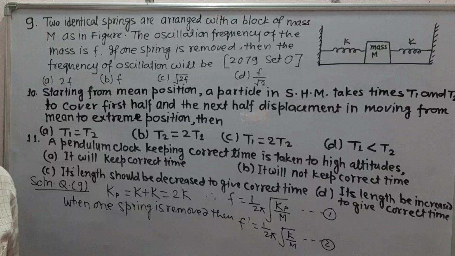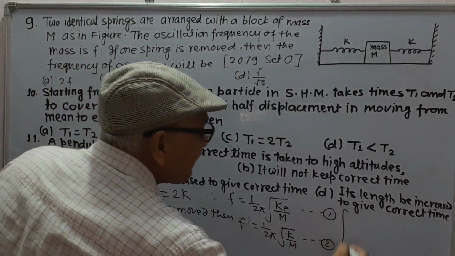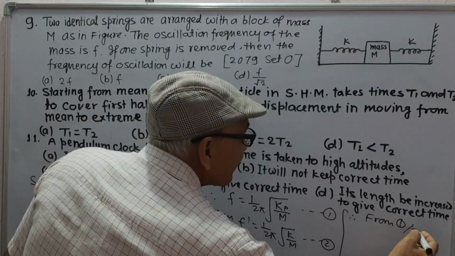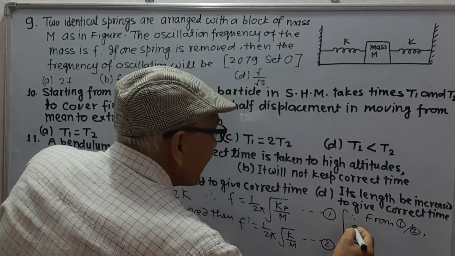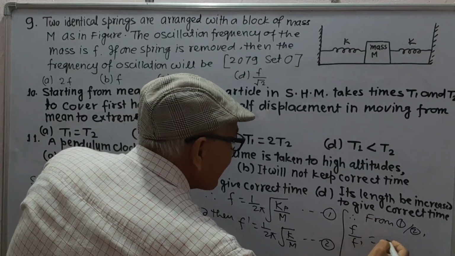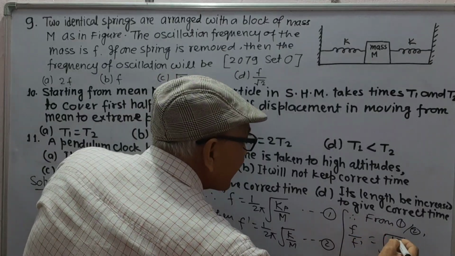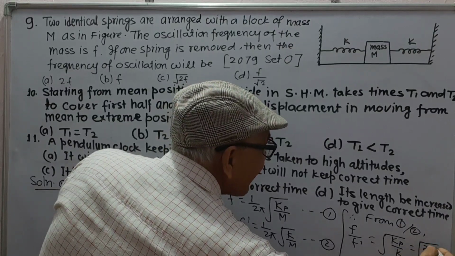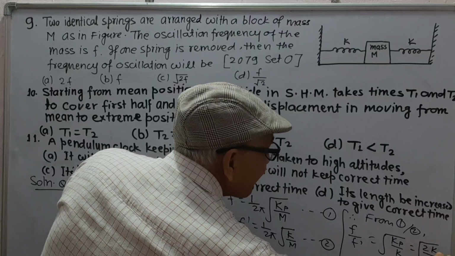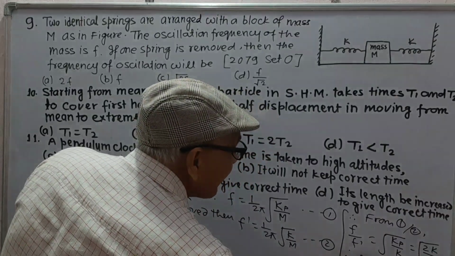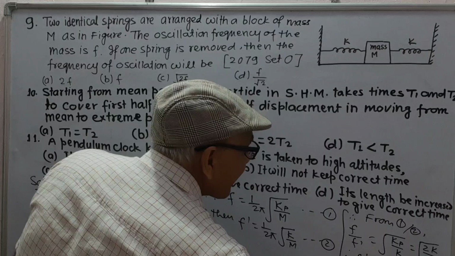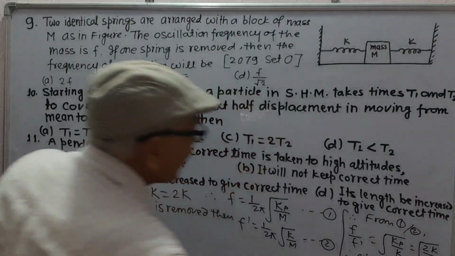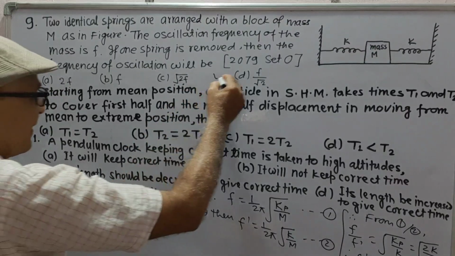So equation 1 upon 2 gives, therefore, from equation 1 upon equation 2 we get f upon f dash will be equal to under root 2k upon k. K cancels out. Therefore f dash will be equal to f upon root 2. So the correct option will be D.